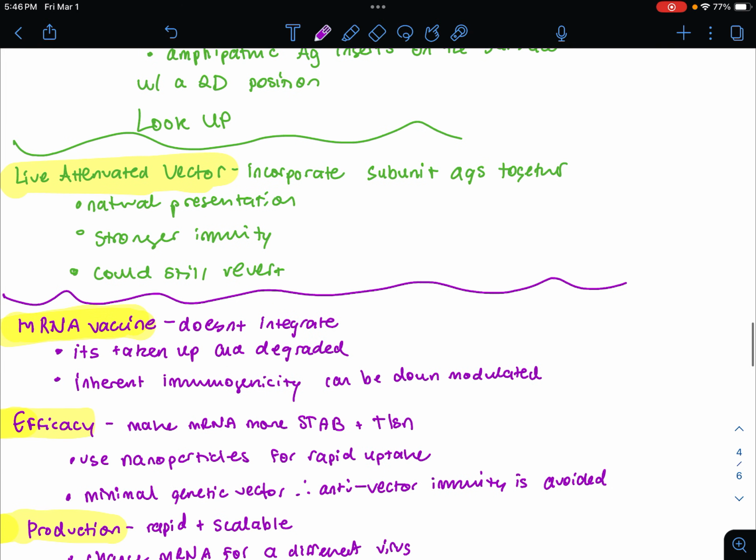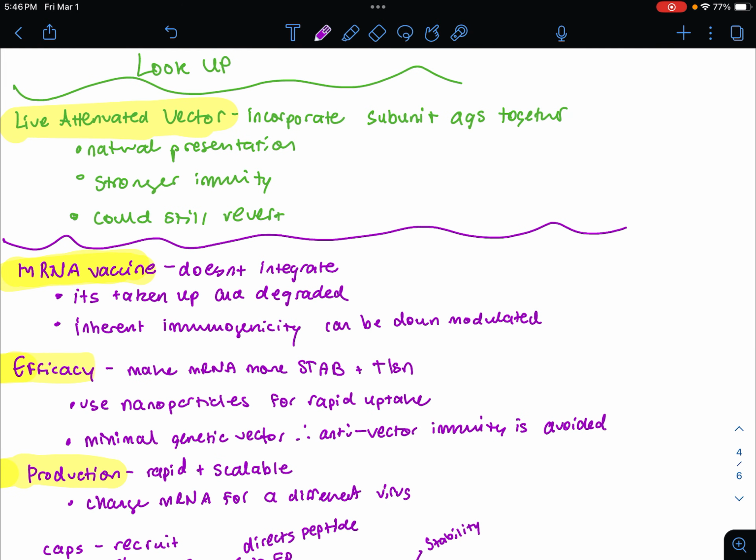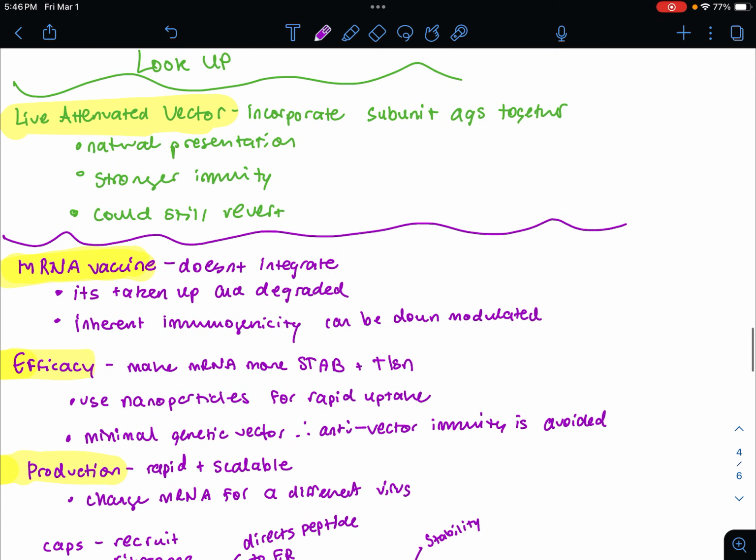Okay, so let's talk about live attenuated vectors. There's a strong immune response by eliciting the incorporation of the subunit antigen onto the live attenuated organism or particulate, because we could also have the live attenuated virus. So you're going to be using the incorporation of the subunit antigen and the live vector.